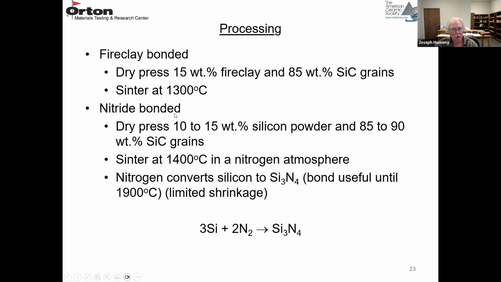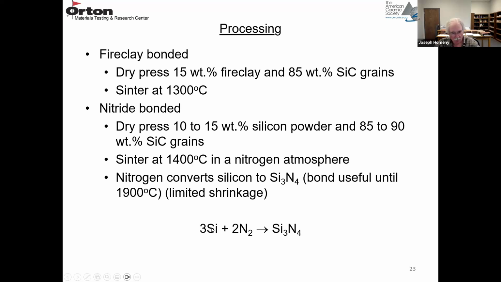There's a nitride bonded version. So you start out with 10 to 15 weight percent of a silicon powder, and then the balance, 85 or 90%, is the silicon carbide aggregates. So you dry press this mixture, and then you sinter it at about 1400 degrees C in a nitrogen atmosphere.